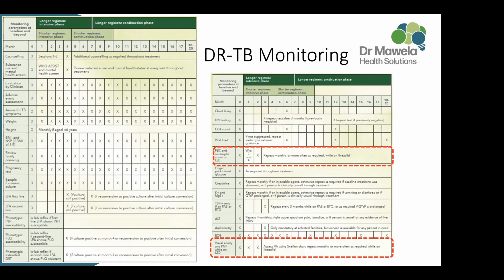So you want to do your ECGs every month for as long as your patient is taking bedaquiline. So these are some of the tests that are quite important. And remember, as long as your patient is on treatment, they will get a smear and culture every month, right? And then the 4-month culture determines the duration and your further action.